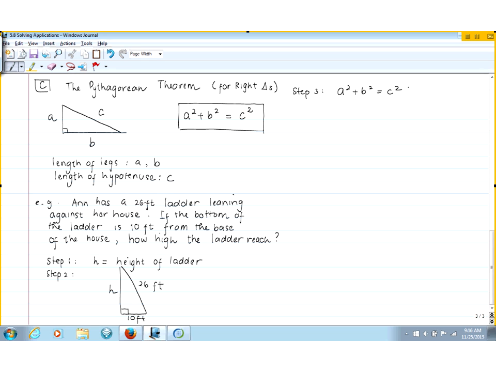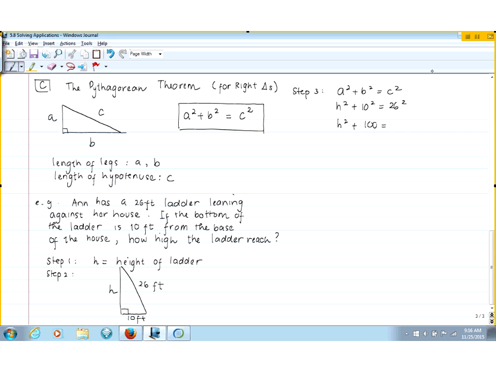So we will write the theorem first. Do we know a and b? Just b. But a we call it h, right? So h squared plus 10 squared is equal to 26 squared, right? So h squared plus 100 is equal to 26 squared.